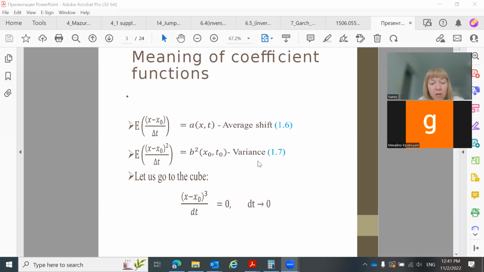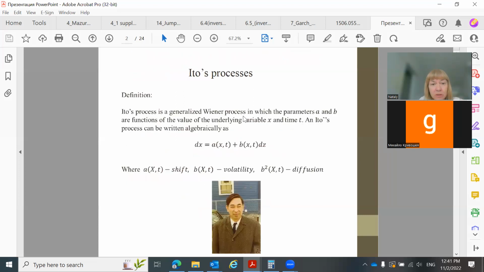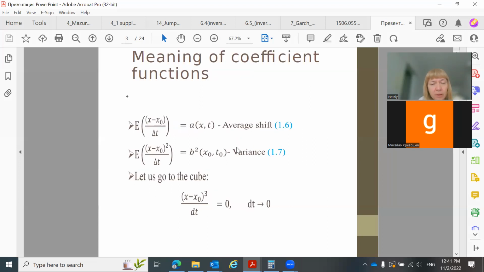And now I would like to remind you what is the meaning of the coefficient functions in this Ito process. You see the function a from X_t and b from X_t. So a from X_t is the average shift. It is the mathematical expectation of the shift during a small time.